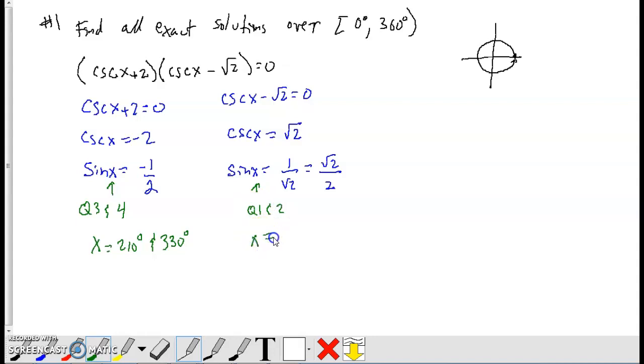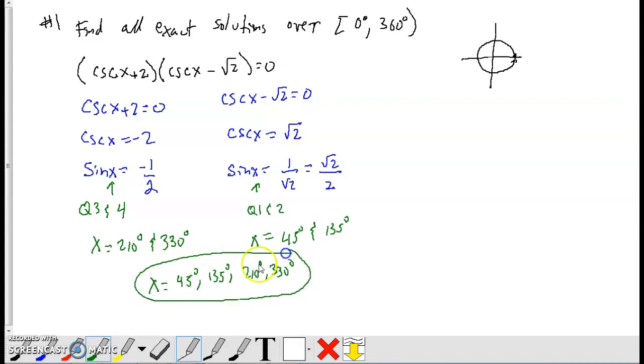So that means that these x's are going to be 45 and 135. When we write our answers, usually you write them from smallest number to largest number. So 45 degrees, 135, 210, 330. And we have our answer.